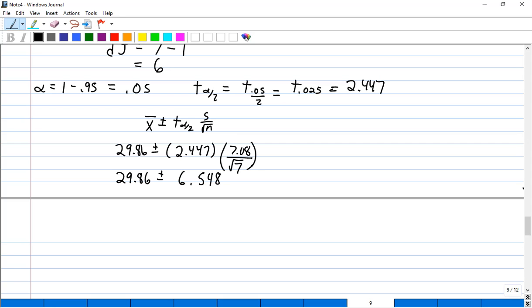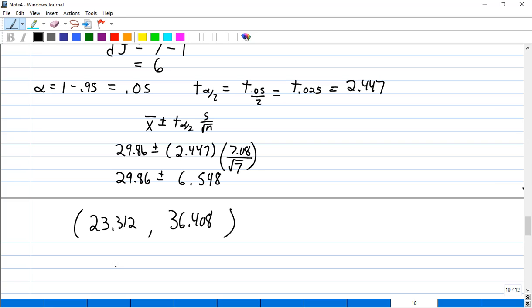So that's 29.86 plus 6.548, which is 36.408, and 29.86 minus 6.548, which would be 23.312. All right. So that is my interval.